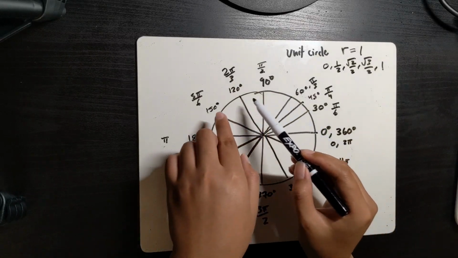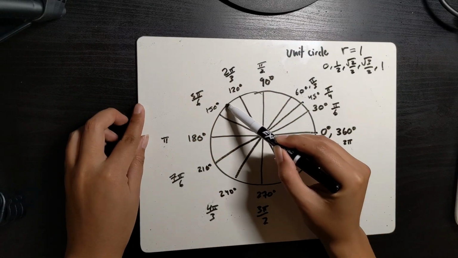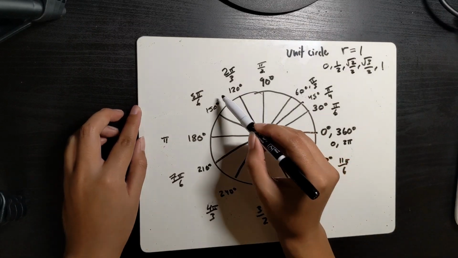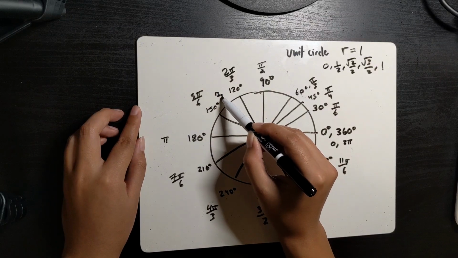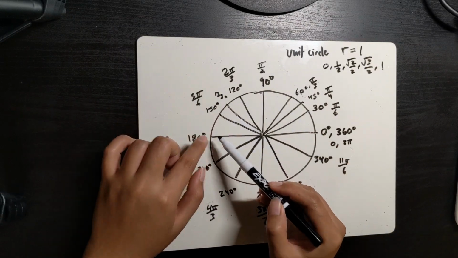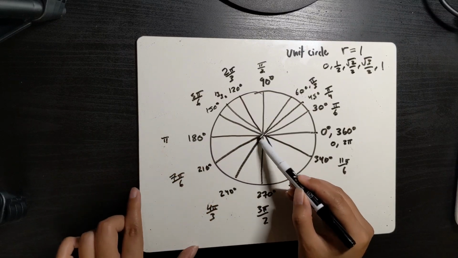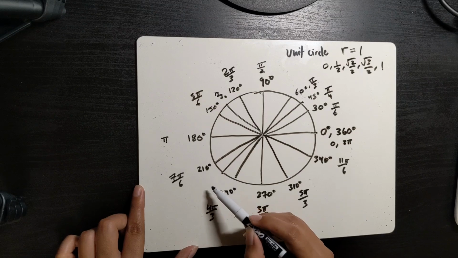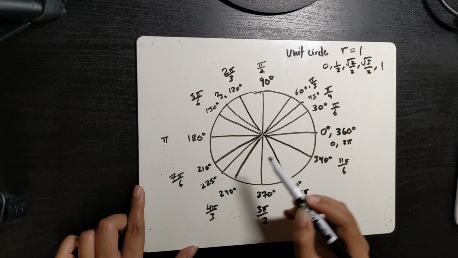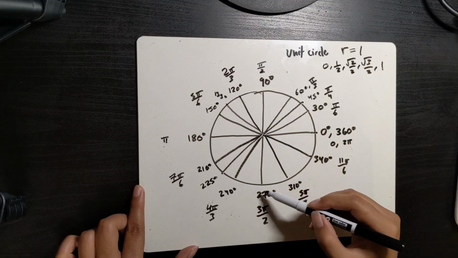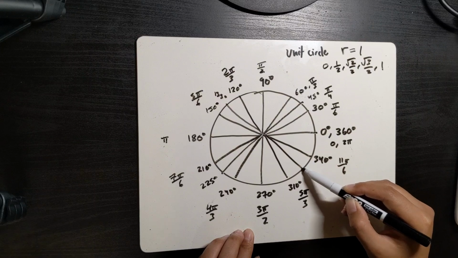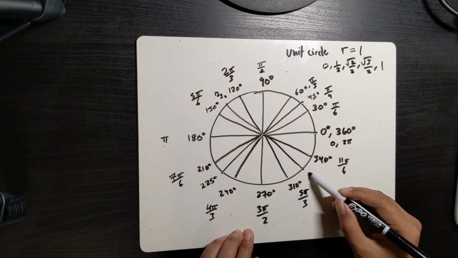We add another 45, we get 90 plus 45, we get 135. We add another 45, we get to 180. Add another 45, we get 225. And then add another 45, we get to 270. Then cut right in the middle, add another 45, we get 315.